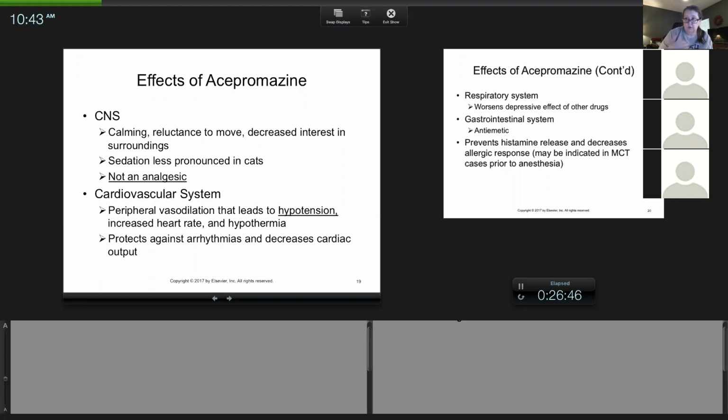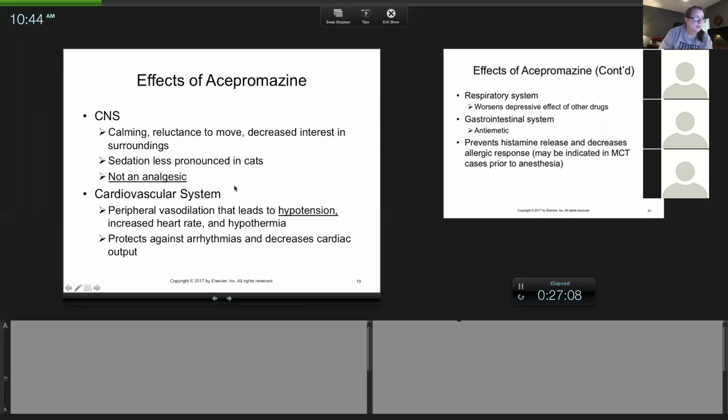So the heart starts to pump faster to try and accommodate for low blood pressure. I always warn students about that because when people see a high heart rate, they automatically assume it's pain or they assume the animal's getting light. But if your blood pressure is falling, it can be that relationship.